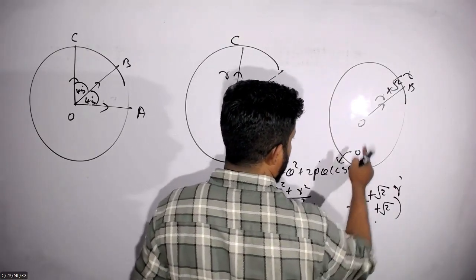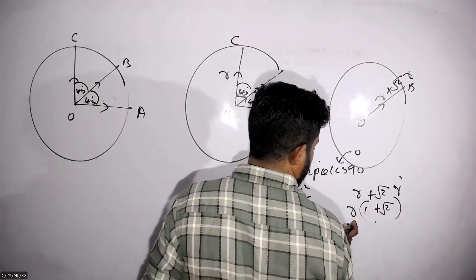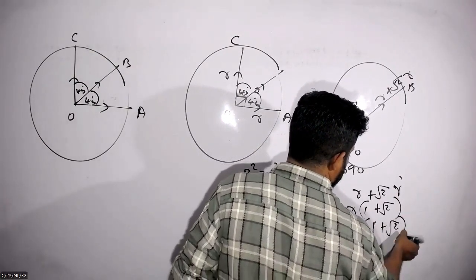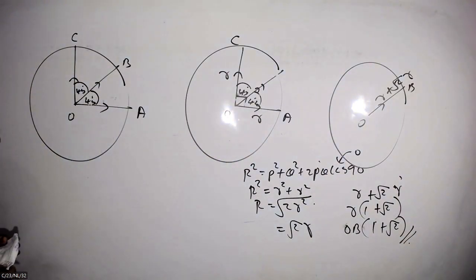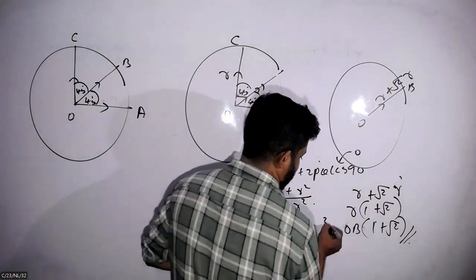Instead of small R, you can write OA or OB, times 1 plus root 2. This one is the resultant of the force system. Right? Third one.